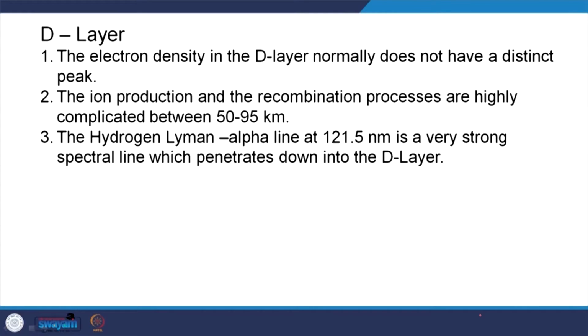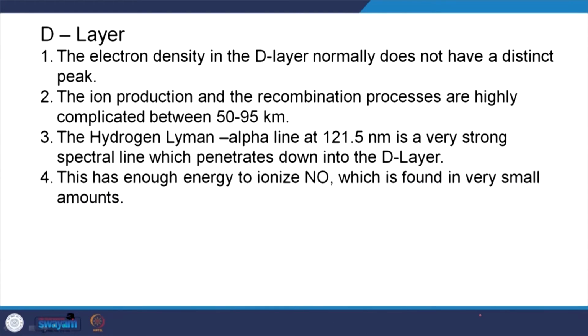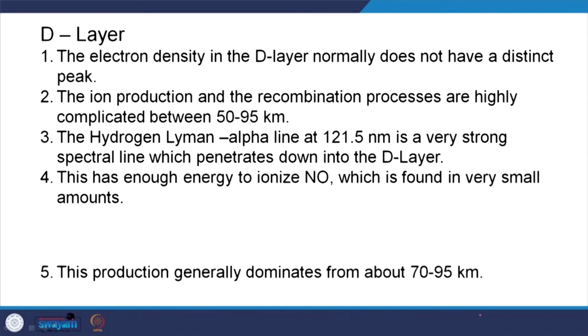If energy is traveling from the top to the bottom, it has to be very intense and strong to penetrate all the way to the bottommost D layer. Lyman alpha does that. It has enough energy to ionize the nitric oxide molecule, which is generally found in very small amounts in the D layer, at 50 to 95 kilometers altitude.